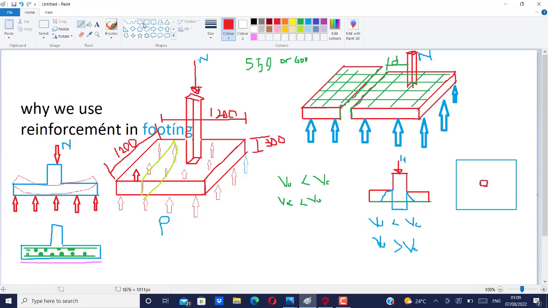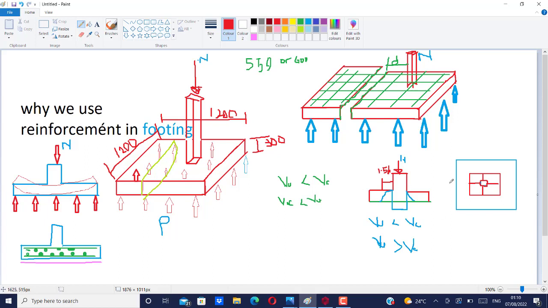Now the code is saying that there is a possibility that when this column punctures through the slab, it will do that at a distance of 1.5d from the face of the column: 1.5d, 1.5d, 1.5d, 1.5d. So that's what I have done here. This thing will puncture through this place like this, at a distance of 1.5d.